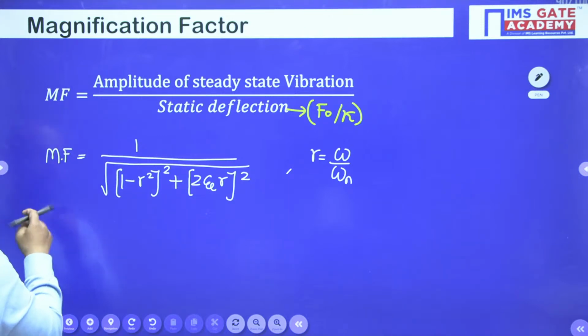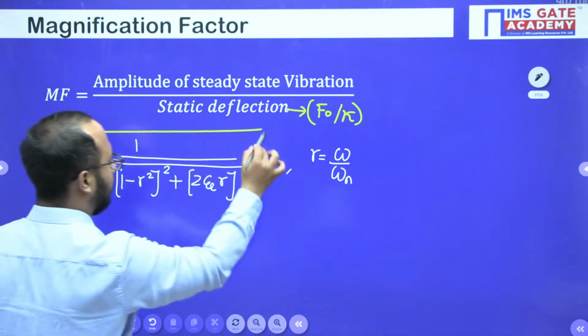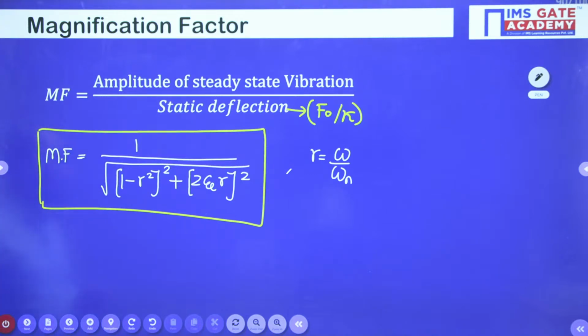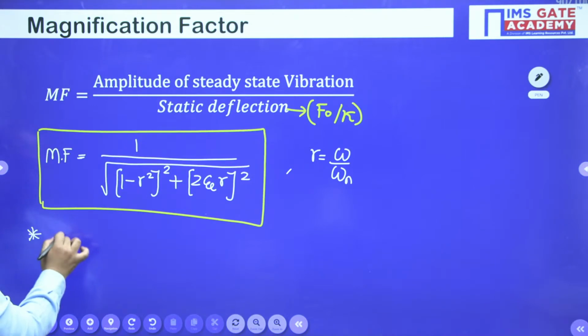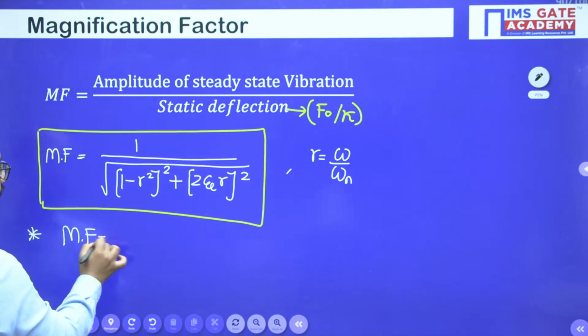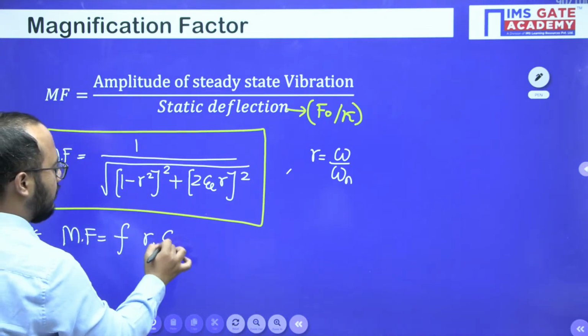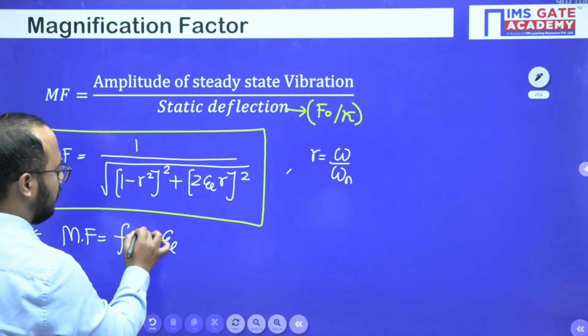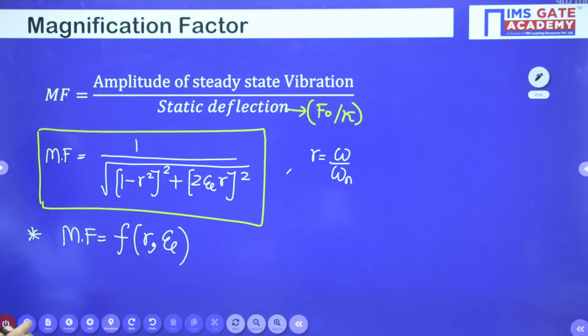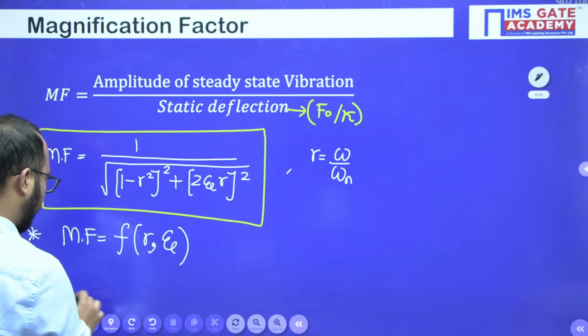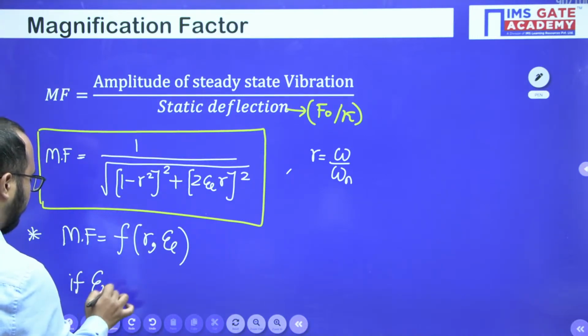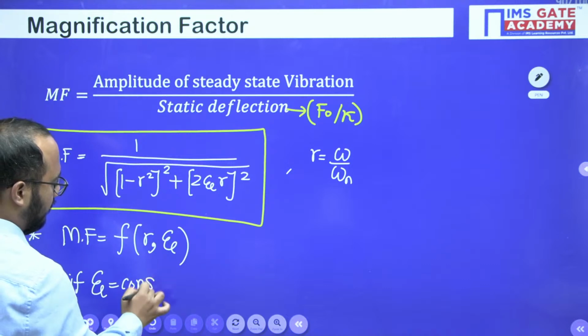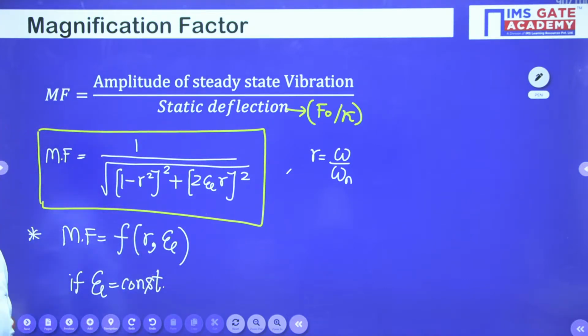Now this formula is again very important from the numerical point of view. In this formula you should understand some important points: magnification factor is a function of frequency ratio and damping factor. Now if I ask you, if the damping factor is constant, at what value of R is the magnification factor maximum?